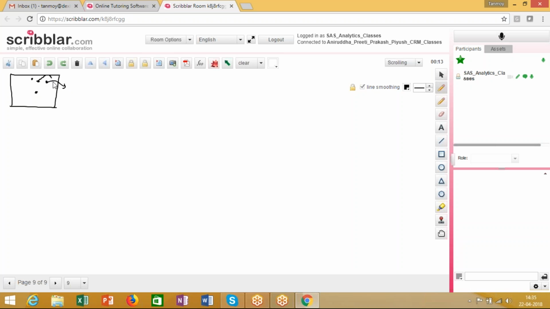I do this through repetitive random sampling, or whatever stratified random sampling is possible. But what I do is I create multiple samples. So if this is the first sample, the sample mean over here is x bar of the first sample.